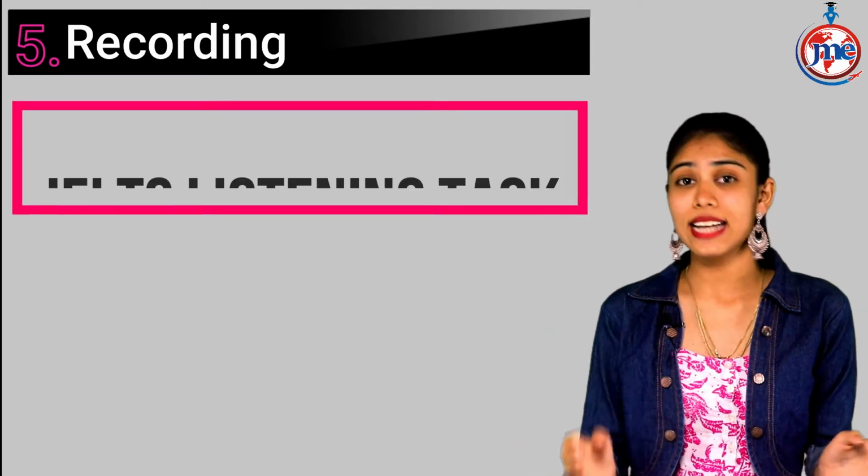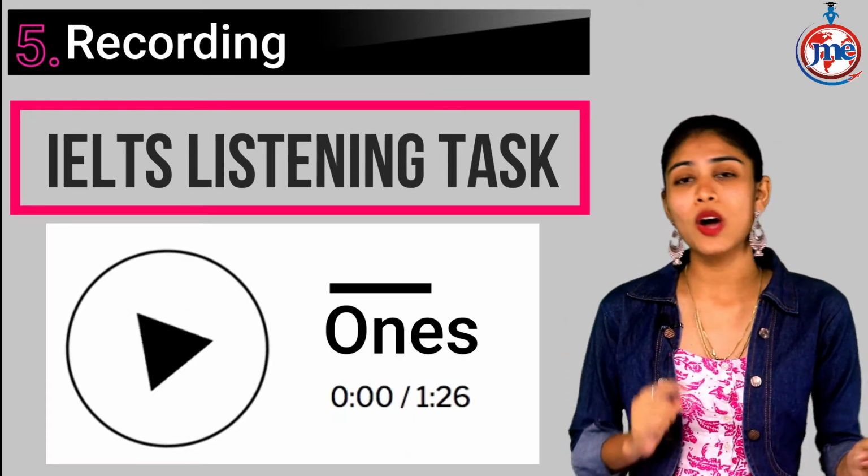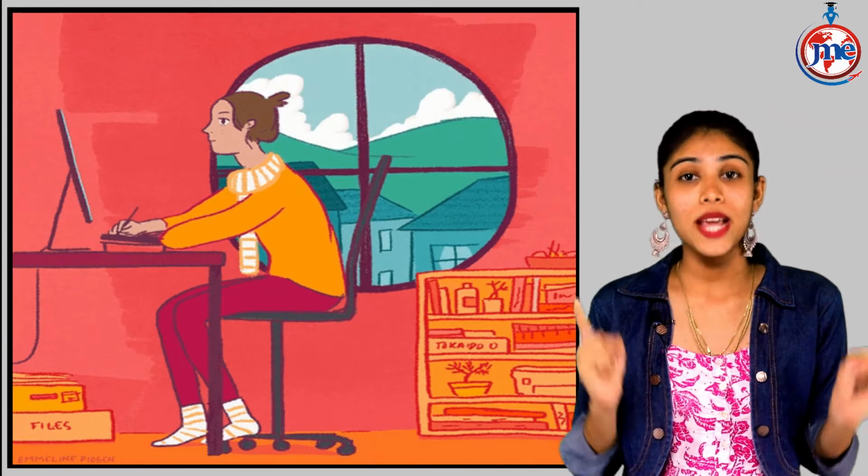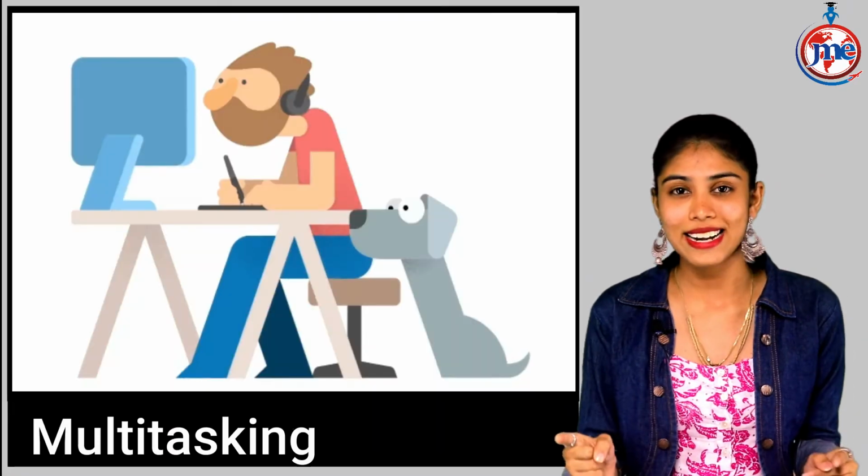Now let's see point number 5, which is about recording. So students, in your IELTS listening task, the audio plays only once and it is not repeated. So students, you have to practice as much as possible and you have to be accurate, because in your IELTS listening task you are going to be multitasking.